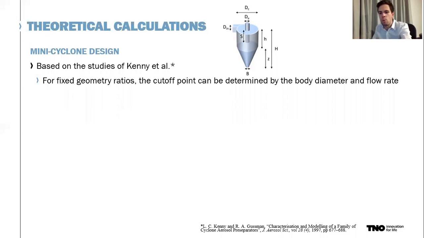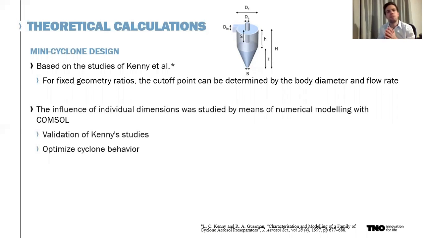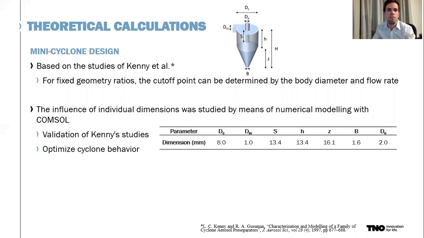Additionally, we have done some research into the influence of individual dimensions in the overall efficiency by simulating its behavior with the modeling software COMSOL. This way, we could both validate Kenny's expression and optimize our own cyclone design. These are the final dimensions used for the cyclone of the PMCID.